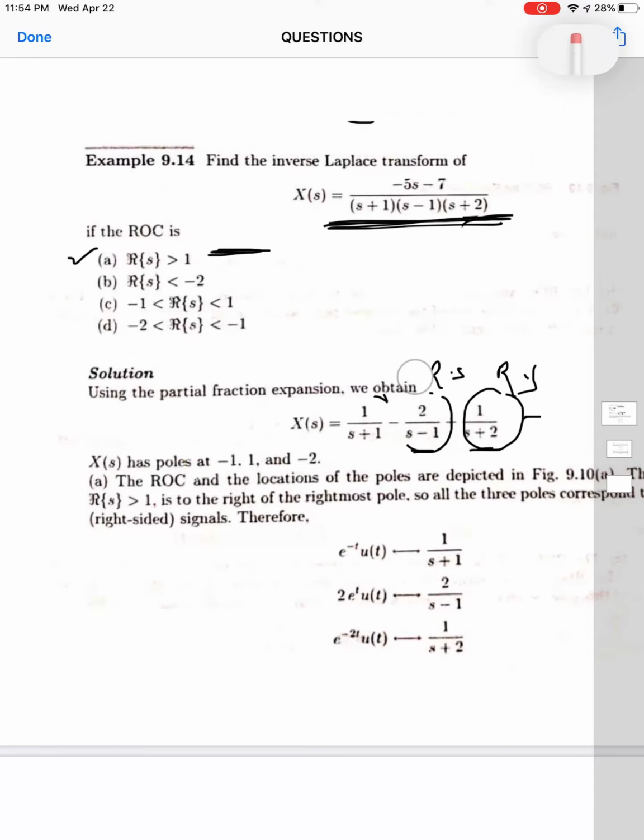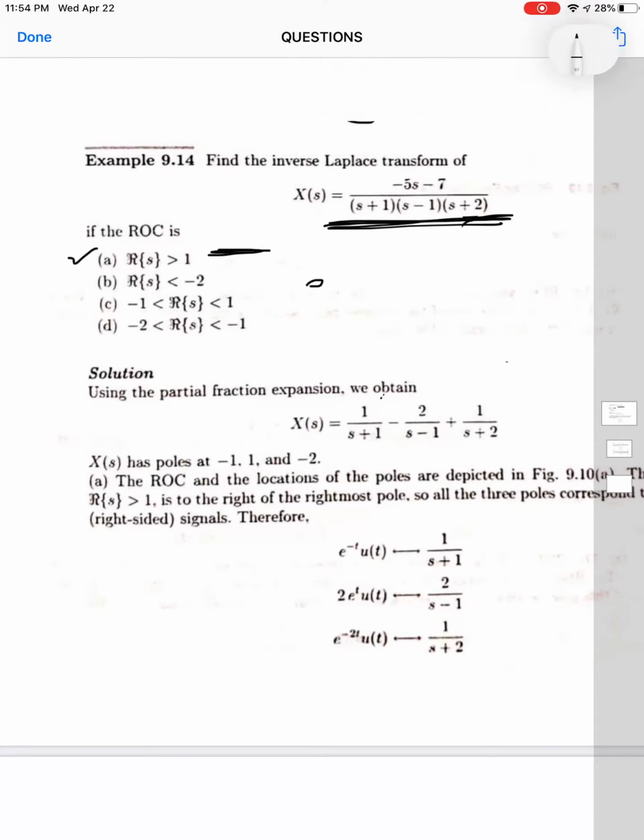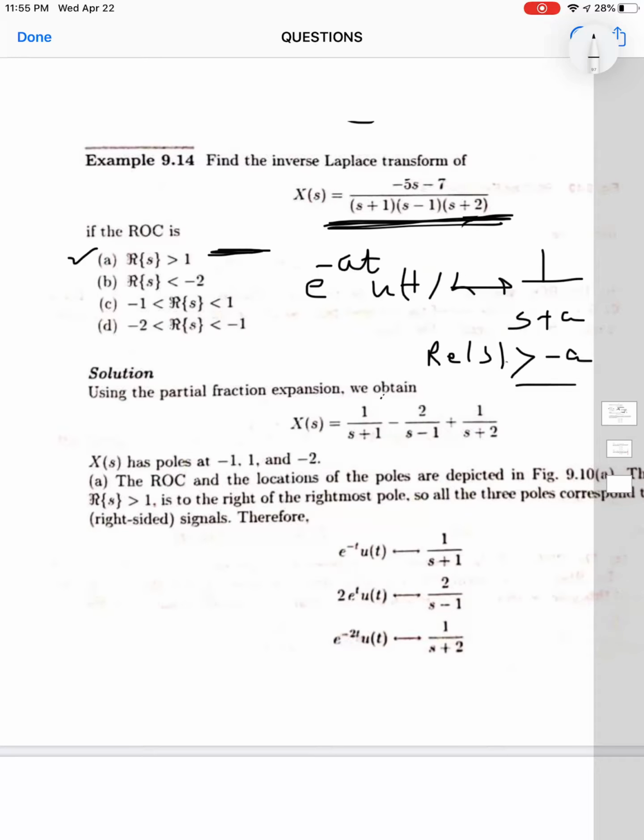And for the right sided sequence, you write the transform as e to the power minus at u(t) has a Laplace transform 1 upon s plus a, with real part of s greater than minus a.